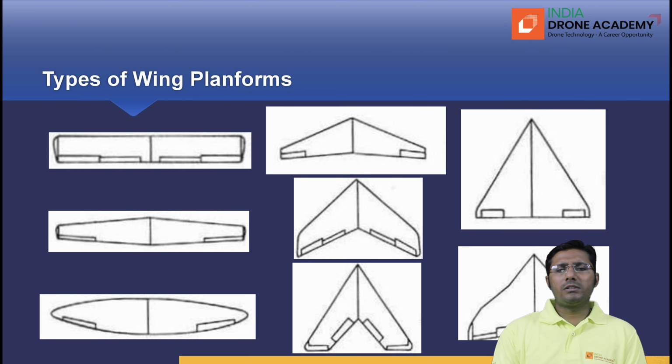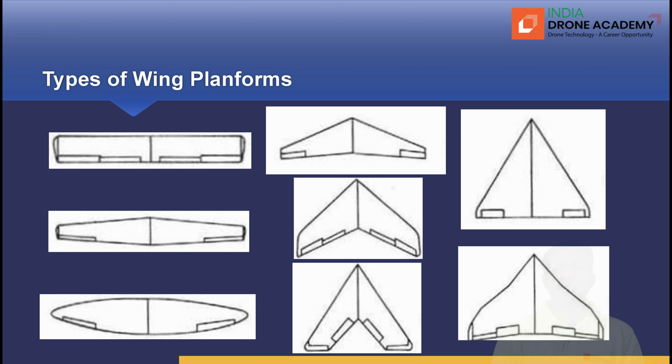We can see on the screen there are various types of wing shapes. In the first row, we have the first one rectangular wing, and then we have trapezoidal, elliptical, swept back, the wing which is less swept, and the wing which is more swept, and the delta wing. And every wing offers different aerodynamic efficiency.